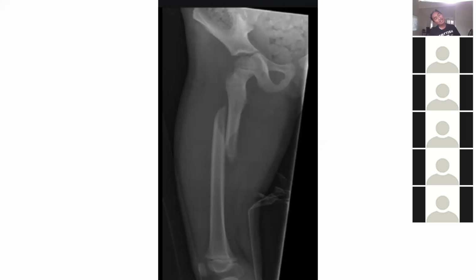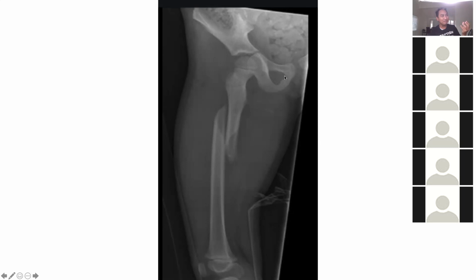The femur. Yeah, femur. And this is a child, isn't it? Because we can still see the physeal growth plate here and the physeal growth plate around the knee as well. And the diaphyseal femur fracture.